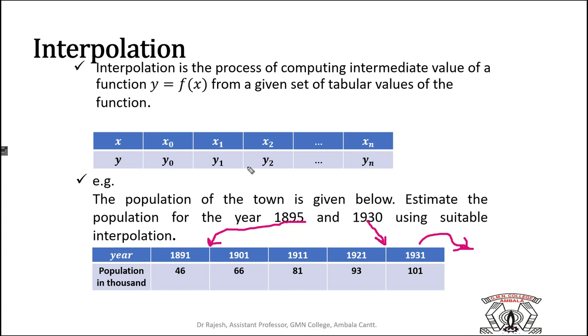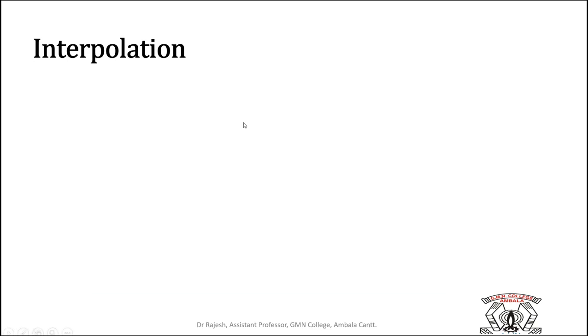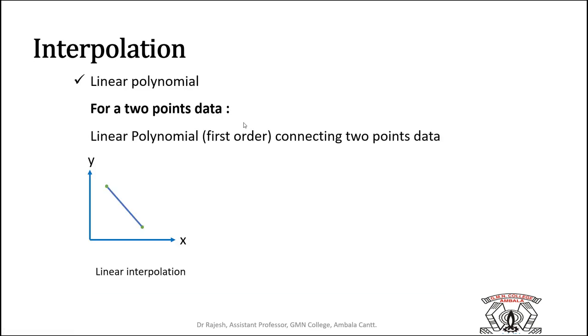So now next we will move towards what are different interpolating curves. So we interpolate the data through a linear polynomial connecting two data points, like this and this point.